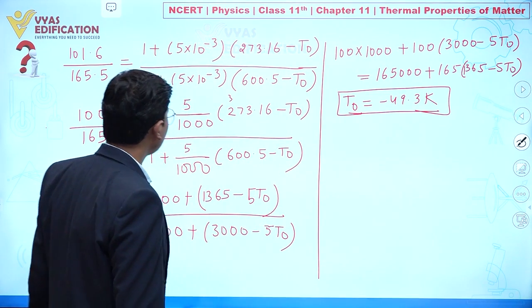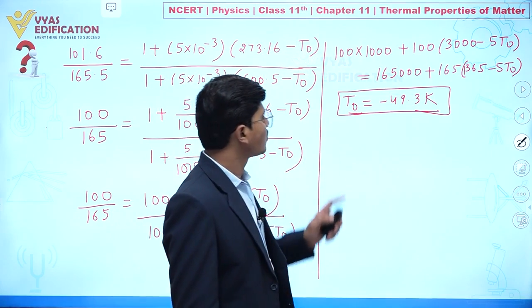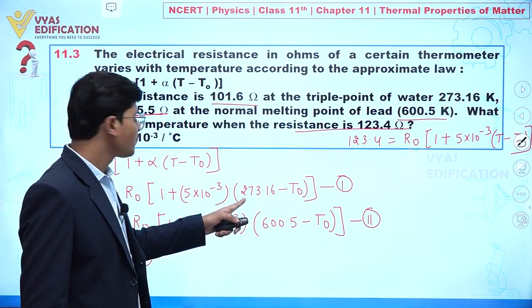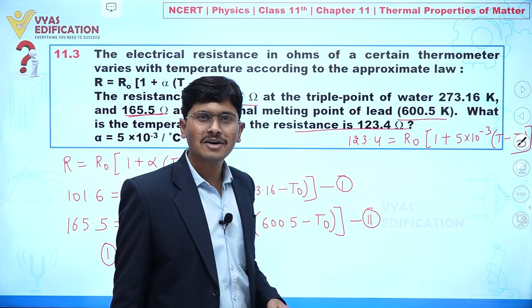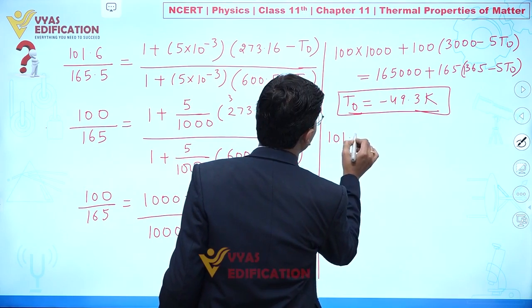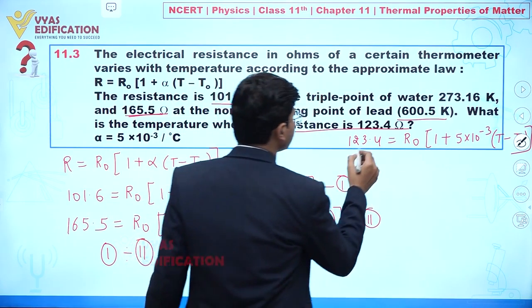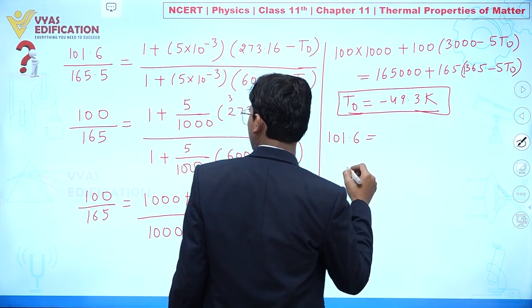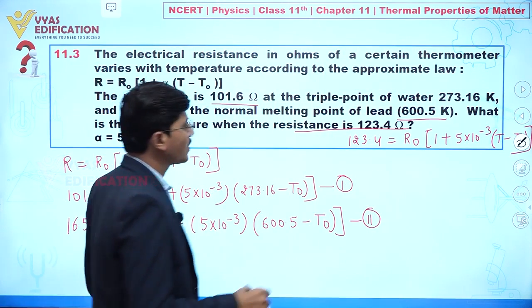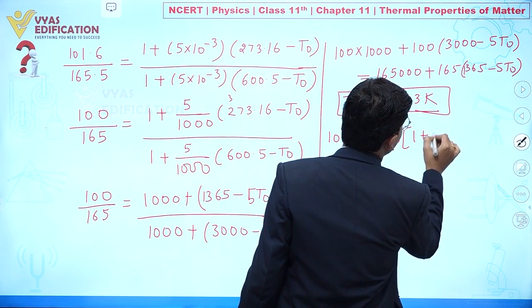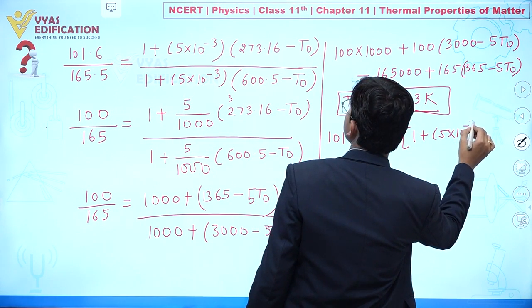Clear? Now if you put this value T naught in any equation, let's suppose if you put in this equation, you can easily calculate value of R naught. Yes or no? So from here you can write like this, 101.6, this should be equal to R naught 1 plus 5 into 10 to the power minus 3.